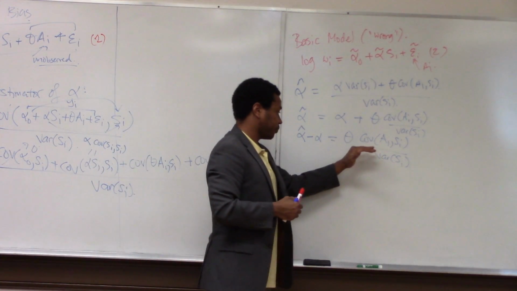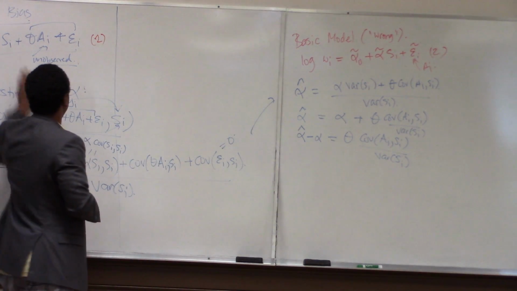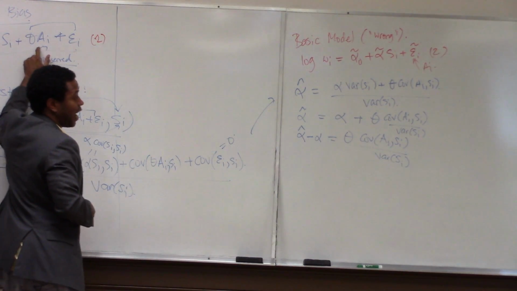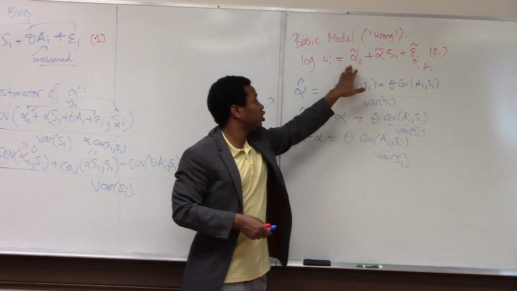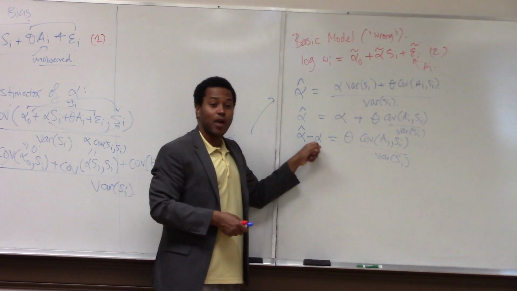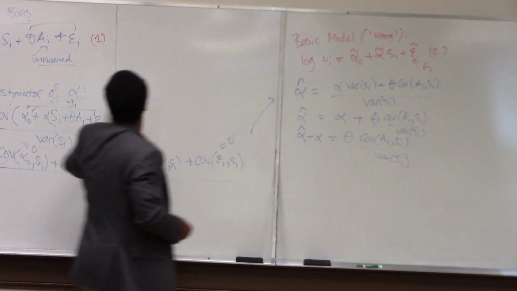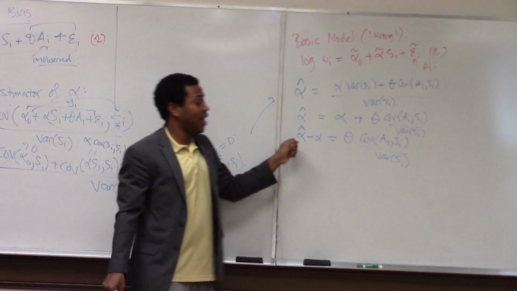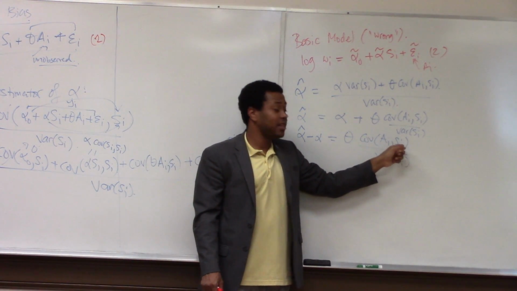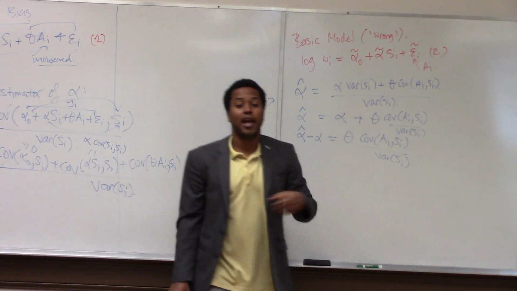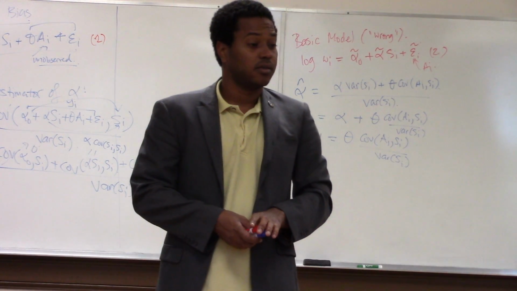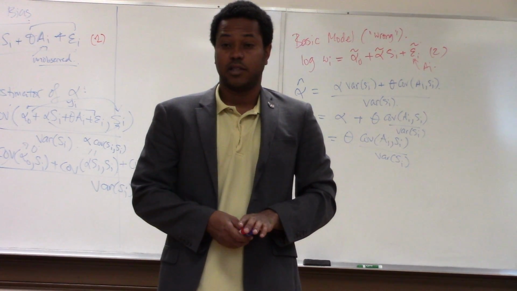So if this is our true model, but we don't observe this AI, and what we in fact observe is just the SI, then the difference between the true alpha, this alpha from our true model, and the alpha that we predict is going to be related to the covariance between the ability and the SI. So if ability and the years of schooling are correlated and they covary, then we're going to get a bias in our estimator. Let's say that one more time.